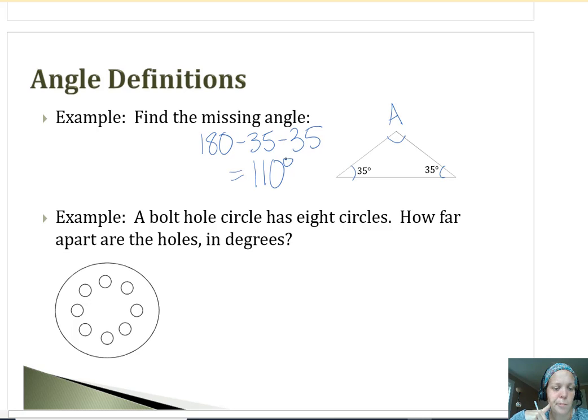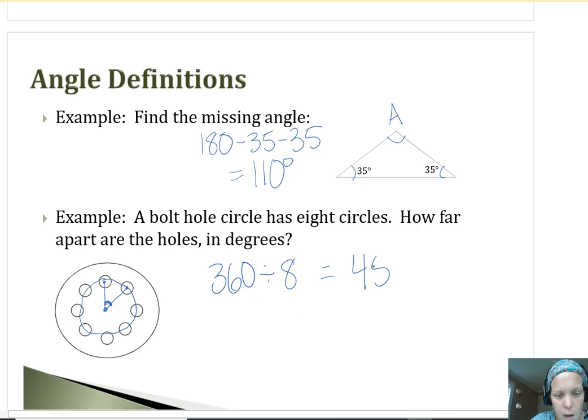Now the next one, we have a bolt hole circle and it has 8 holes around it. How far apart are the holes, in degrees? Between each consecutive hole, what would that angle be? Since this is all the way around, 360, we're splitting it into 8 sections.